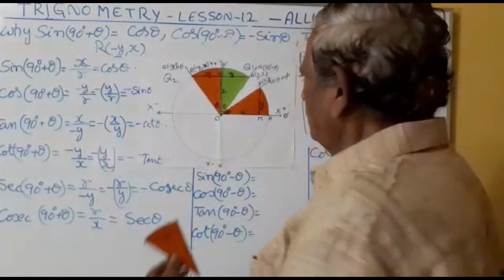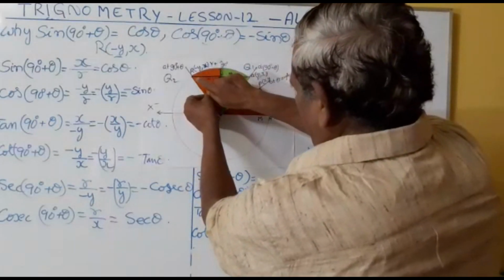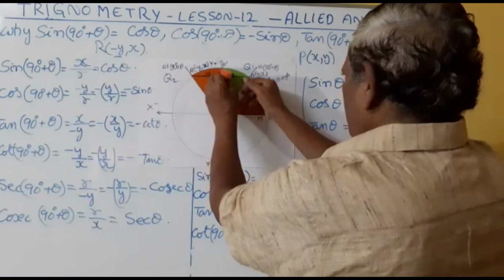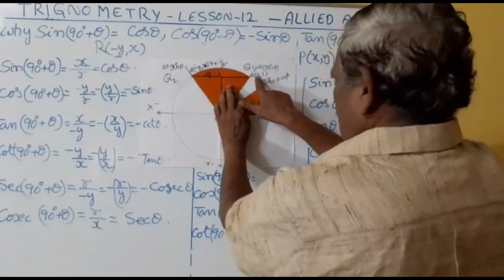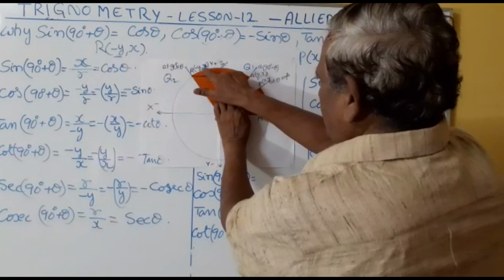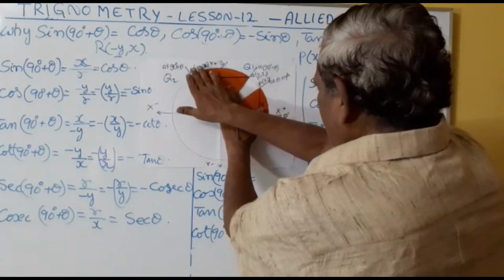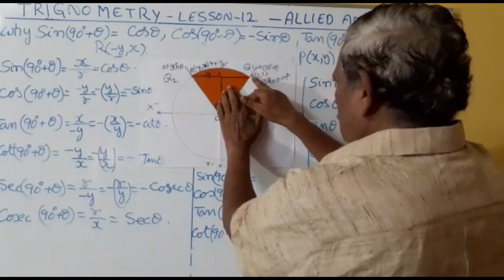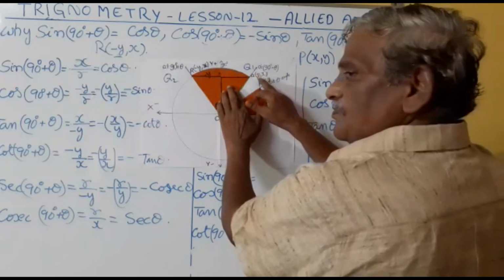After inverting the sector, what happens? The R point enters into quadrant 1 from Q2. Since the coordinates of R are minus y, x, when it enters into Q1, the coordinates remain as they are.